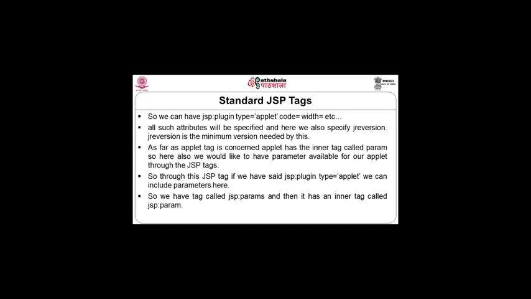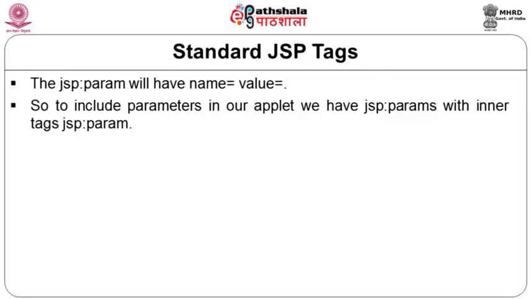The JSP colon param will have name equal to and value equal to. So, to include parameters for our applet, we have JSP colon params with inner tag as JSP colon param, fine. Multiple JSP colon param tags can be included. So, this way we will have the JSP colon plugin tag having JSP colon params, and then the inner tag is JSP colon param, fine. That way our plugin tag can be used.